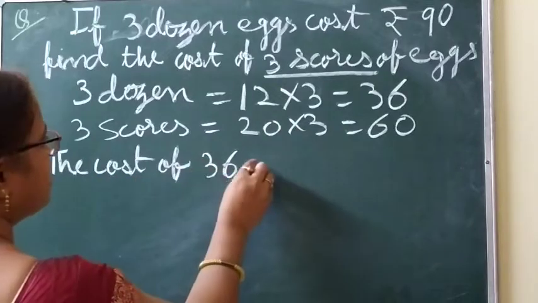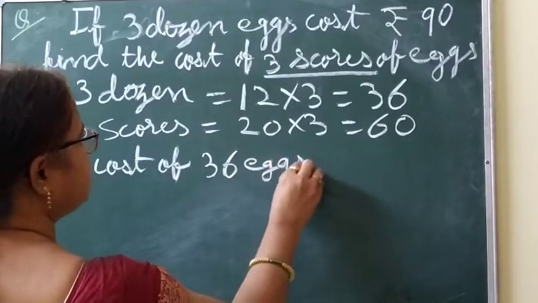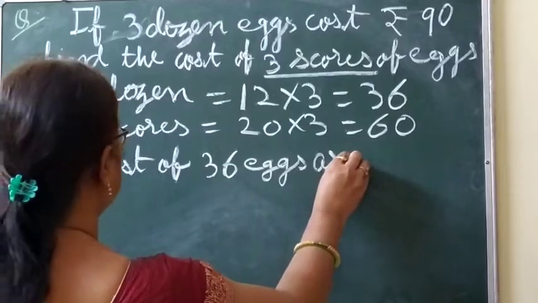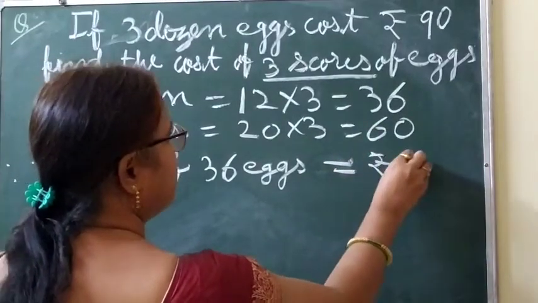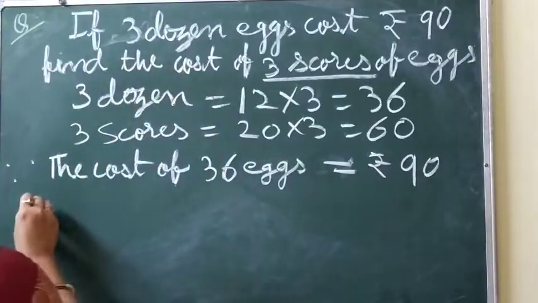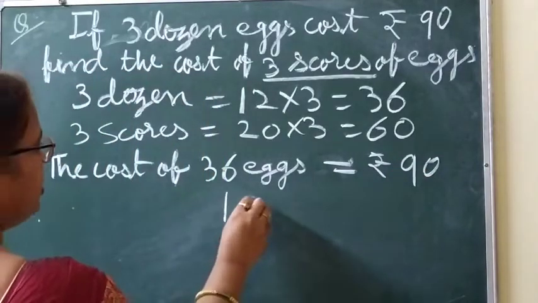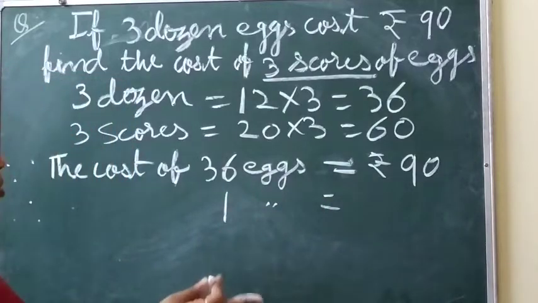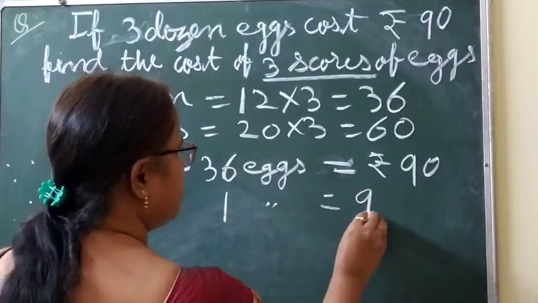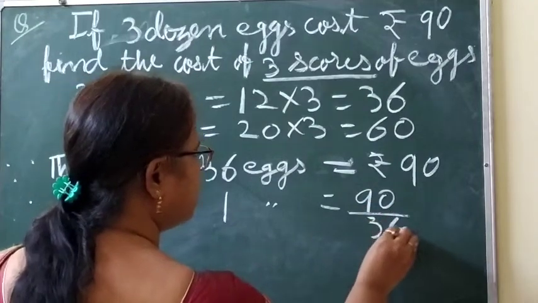So the cost of 36 eggs is equal to rupees 90. Therefore, the cost of 1 egg will be equal to what? Will 1 egg cost less or more? Less. So 90 by 36.